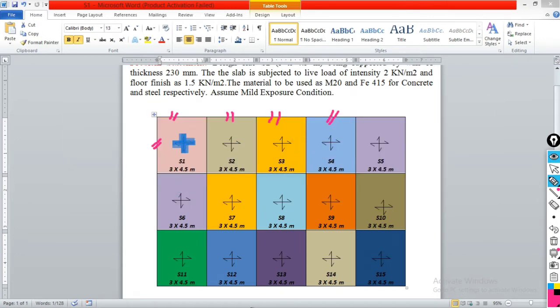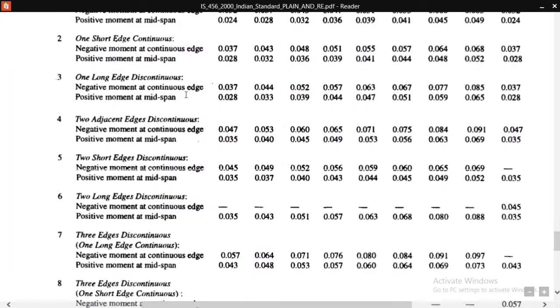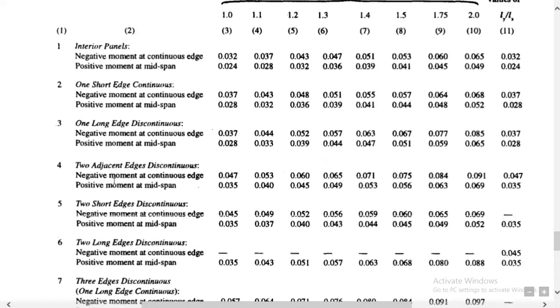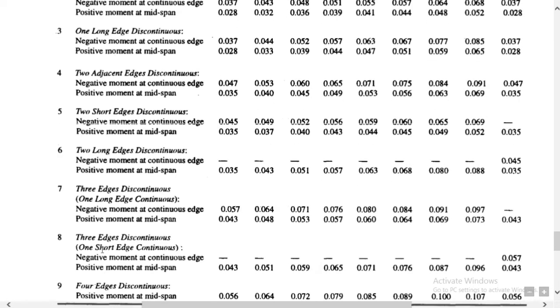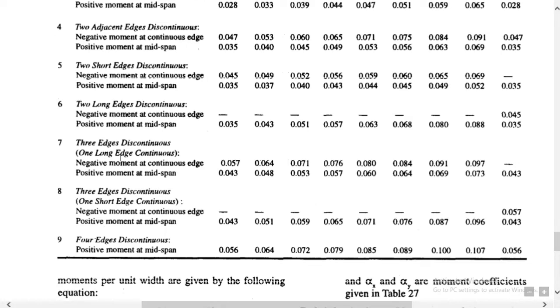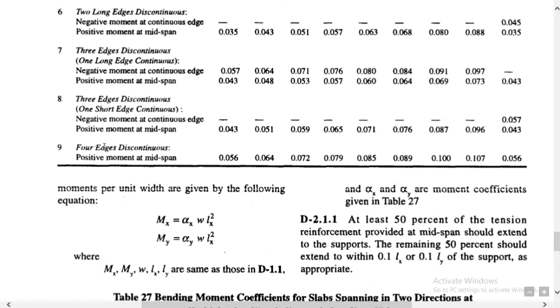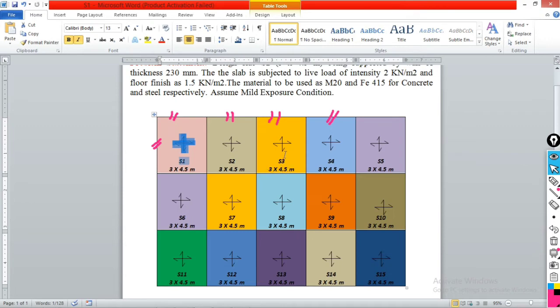If you see in the code, one short edge is discontinuous, or we can say one short edge is continuous.